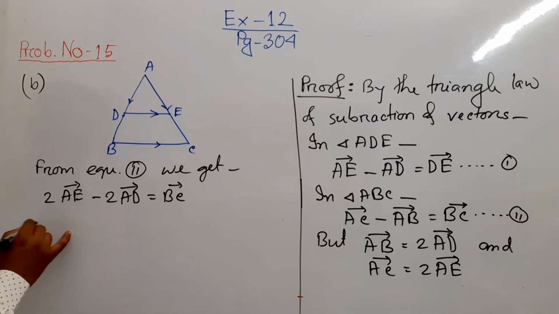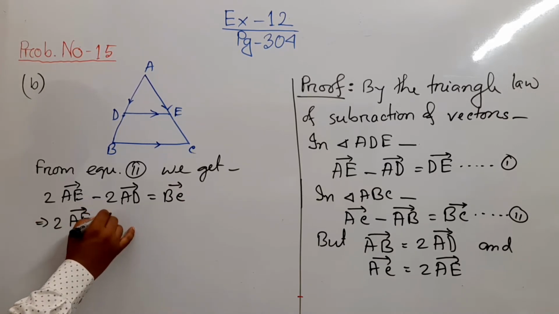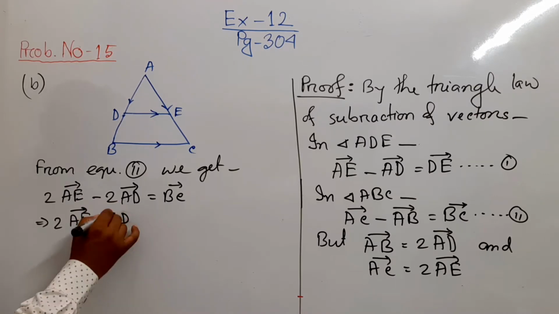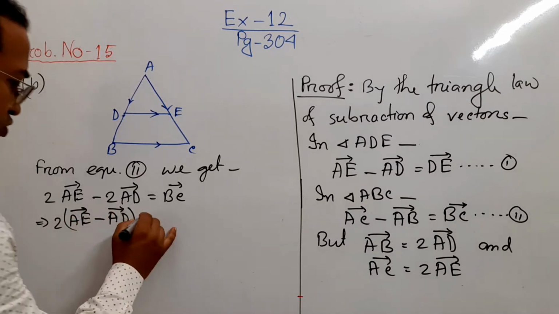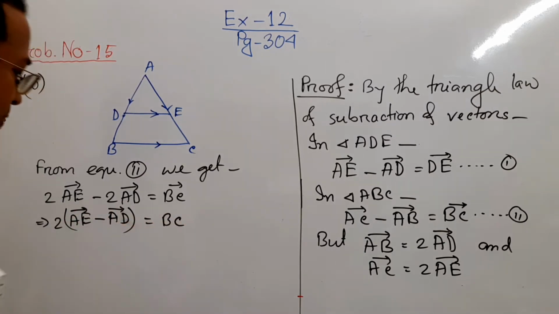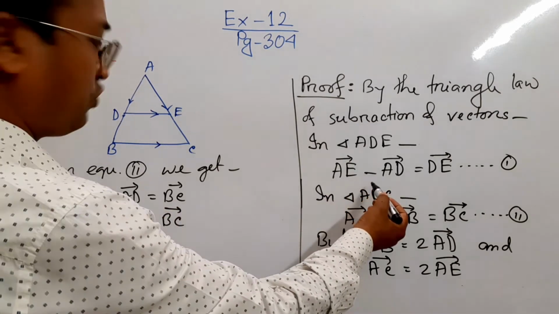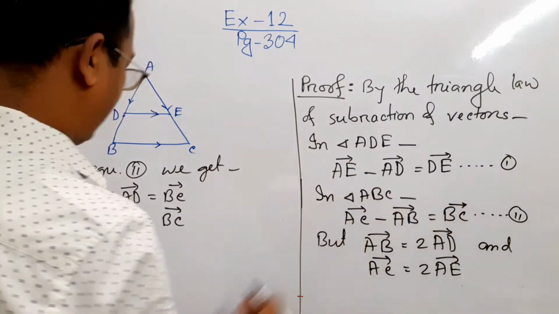So take 2 common: 2 times vector AE minus vector AD we can write equal to BC. But look, from equation number 1, AE minus AD is DE.